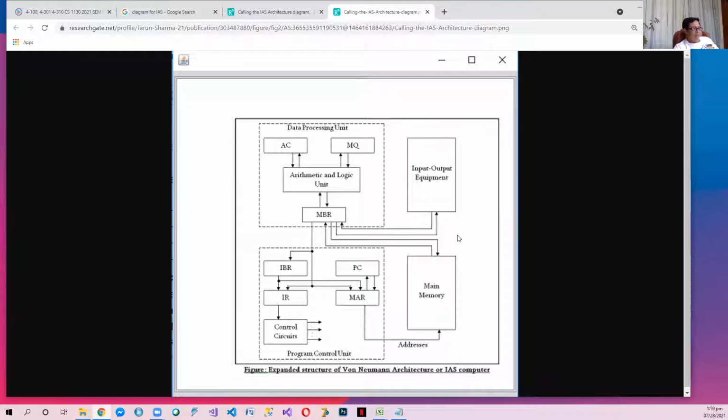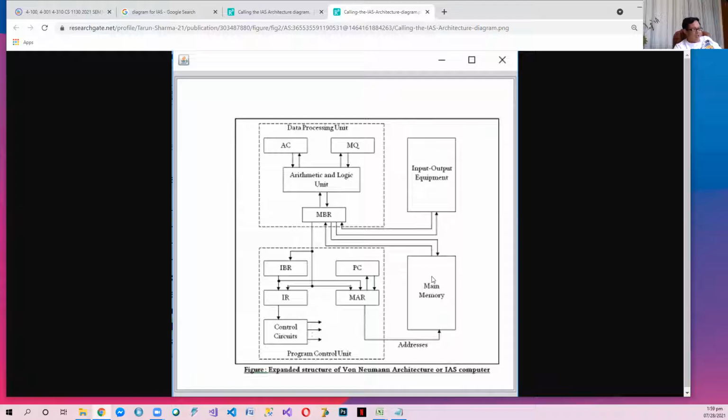The value will be stored in the MBR. The 001 address will be stored in the MAR, memory address register. This is now our store or our main memory.